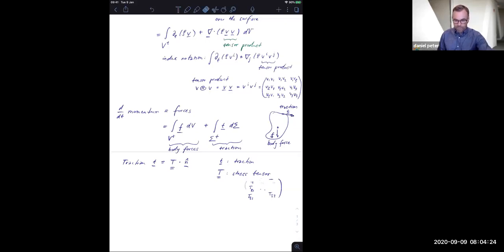So we just write 2 bars below it. In that sense, it's a second order tensor. We come to that later when we come to the elastic tensor. The elastic tensor is a 4th order tensor. So we will then put 4 bars below the elastic tensor.